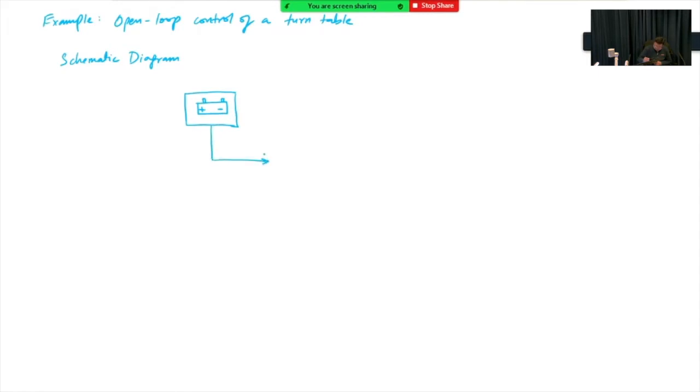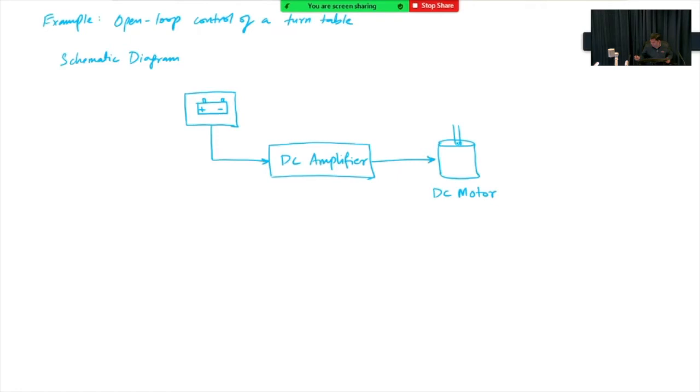So the battery actually powers a DC amplifier, and then that amplifier actually runs a DC motor, and that DC motor is actually driving a turntable.